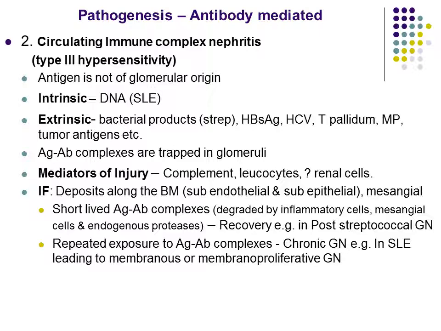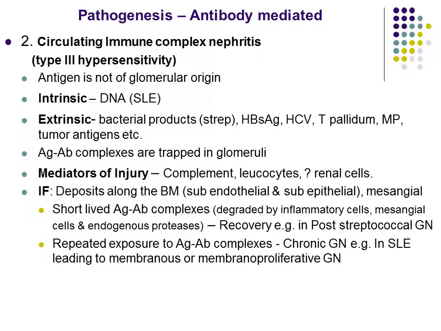It could be intrinsic, like in SLE, which is a DNA fragment, or it could be extrinsic, that is a bacterial product, hepatitis B surface antigen, HCV, Treponema pallidum, malaria parasite fragments, or tumor antigens. These antigen antibody complexes which are formed in the blood are trapped in the glomeruli.